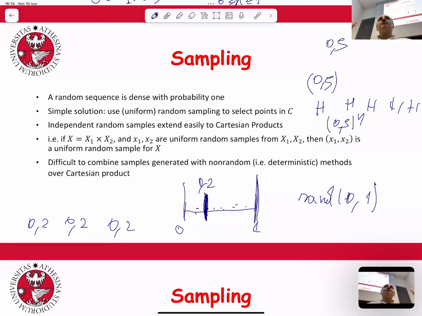So if I want to cover, for instance, a square or a cube, I have to do the Cartesian product of 3 uniform variables. You extract uniformly along x, uniformly along y, uniformly along z. And if you do this, with a long enough sequence you will get arbitrarily close to any point in your space.